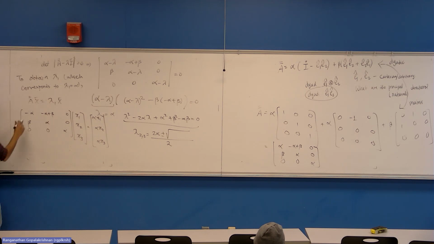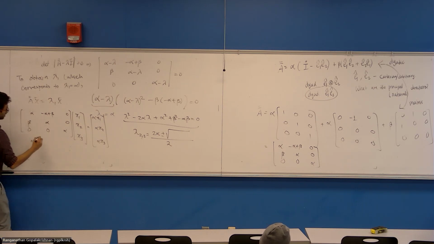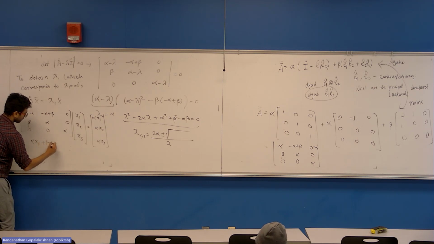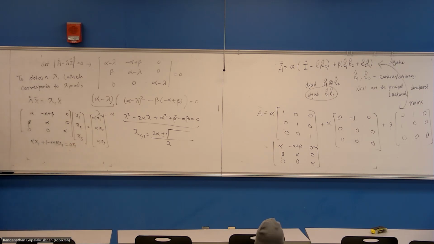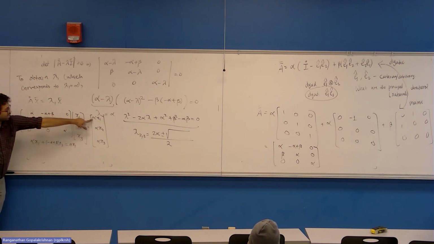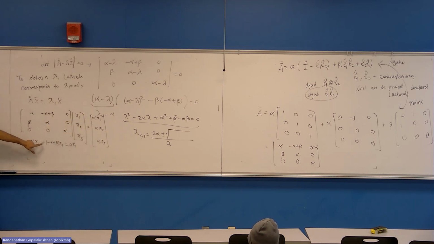So if I expand this, this is minus alpha x1 plus alpha x1 minus minus alpha plus beta times x2 equal to alpha x1. I just multiplied the first row with the column and equated that to the first element on the right side.